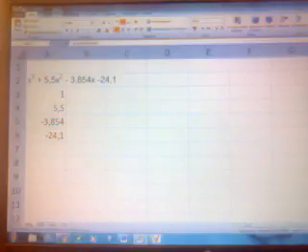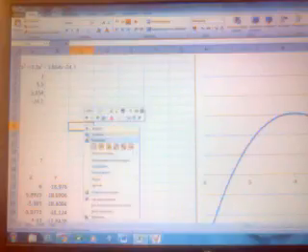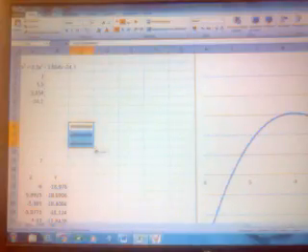Now we'll zoom a little out, and I put them here, these constants, because that's my first parabola. So now, based on this, I can construct my first parabola.